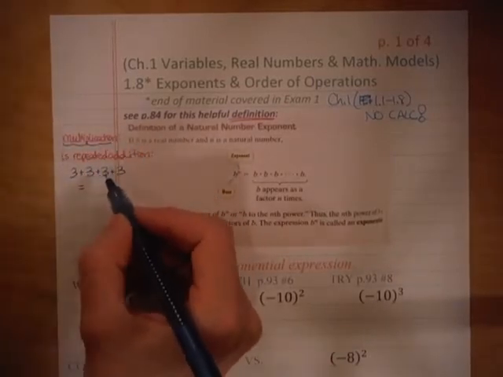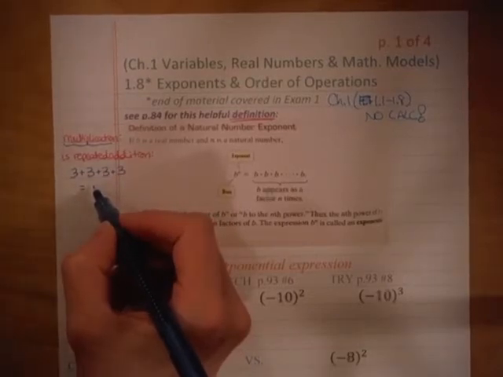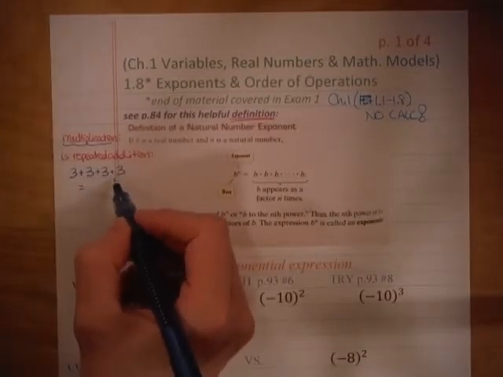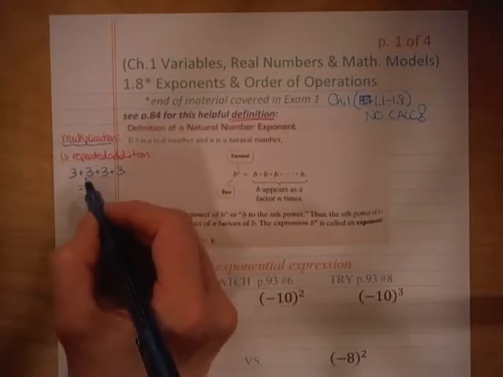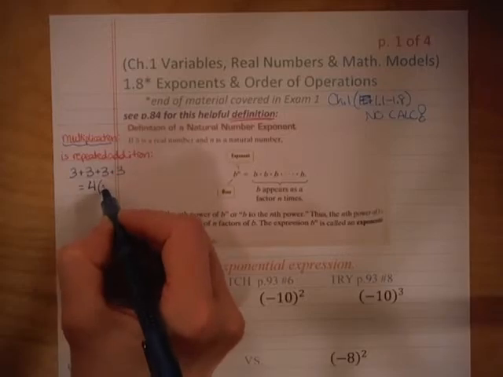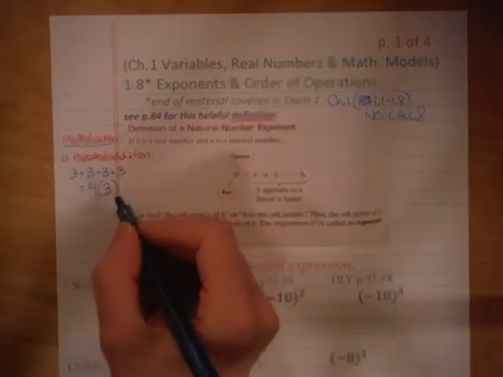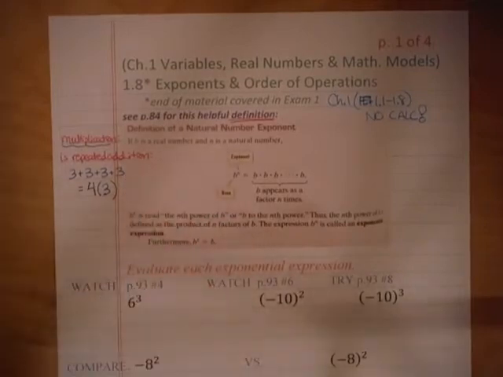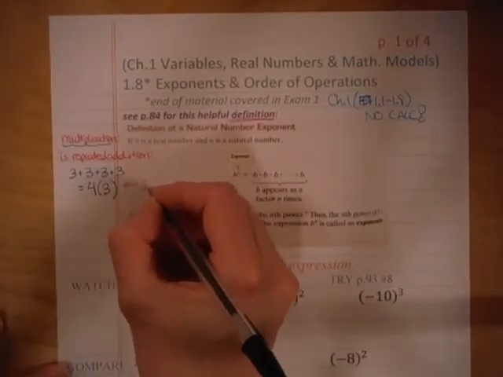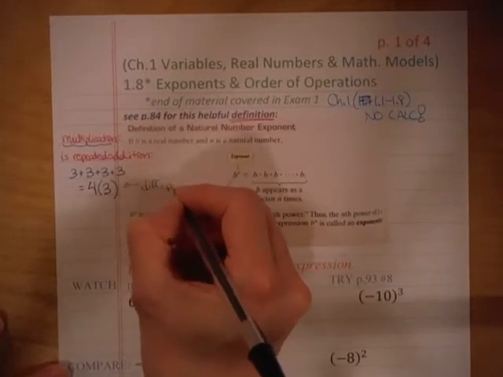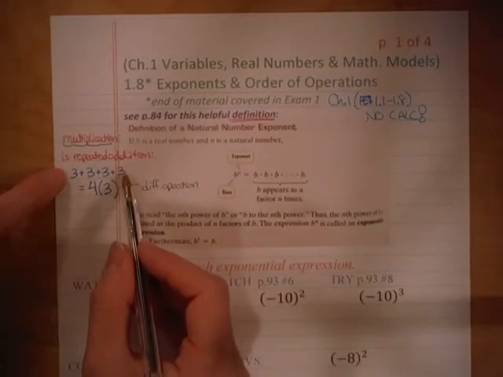Multiplication is a way to tighten up the notation, to use less paper space and fewer symbols to mean the same thing. So this would be written as 4 times 3, or you could write it with the little dot or the X. It's a different operation that does the same thing and causes the same result.